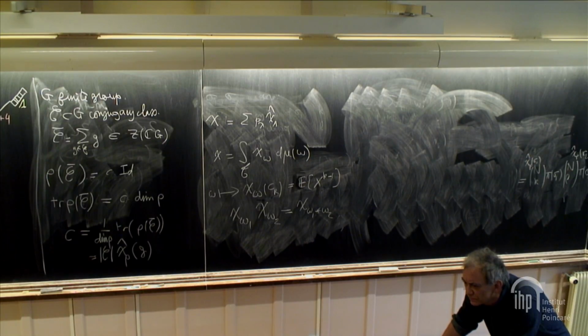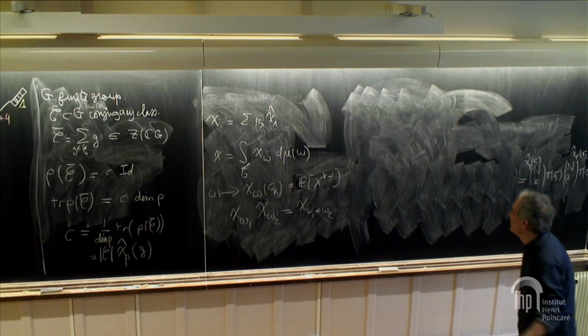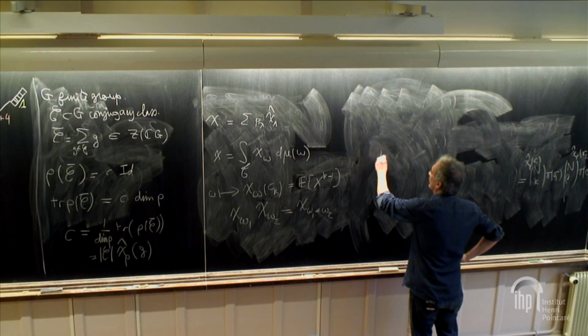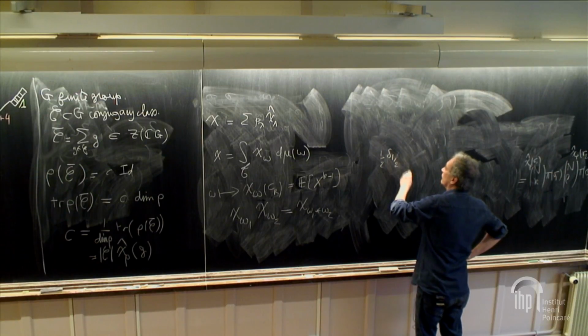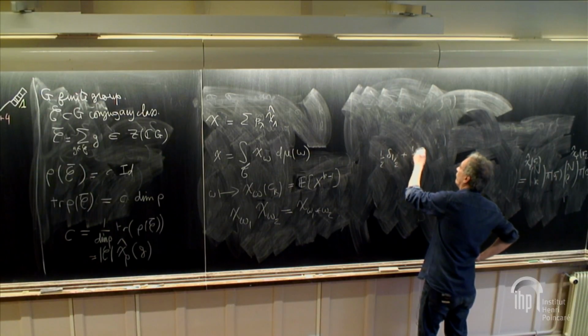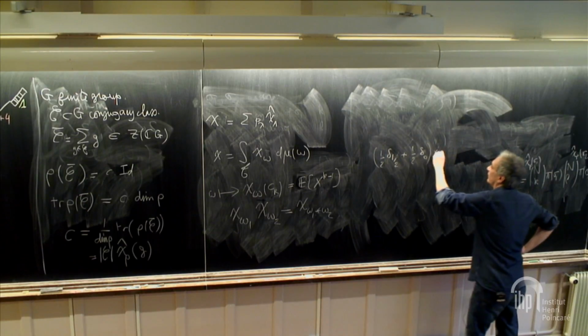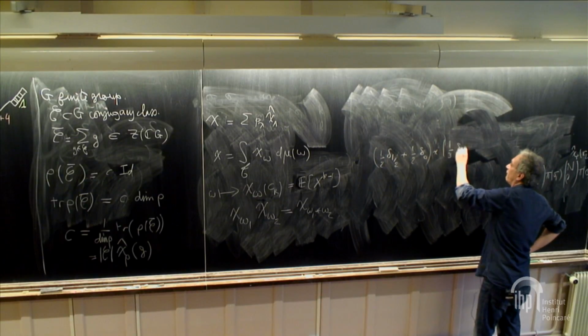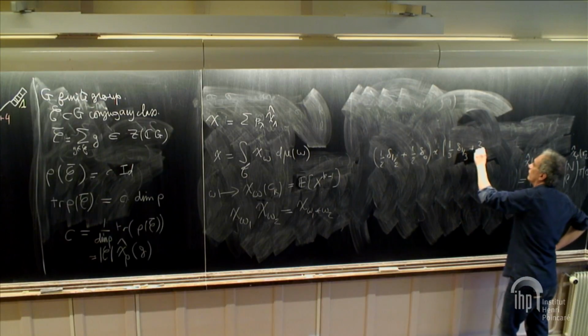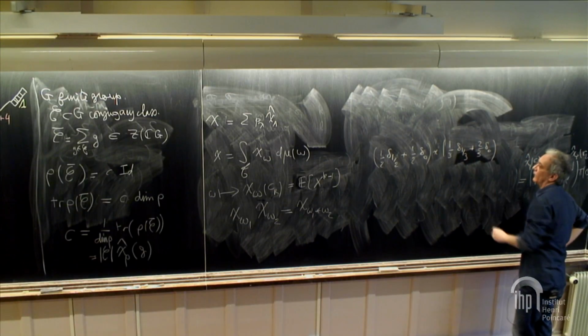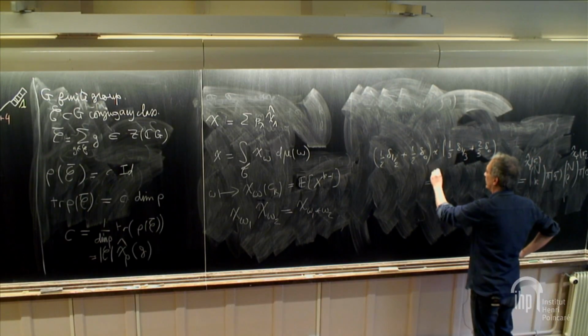You cannot take the product of two distributions. You can take the product of the distribution times a smooth function. No. Okay. Let's say you take. Okay. For example, Okay. So this is just.